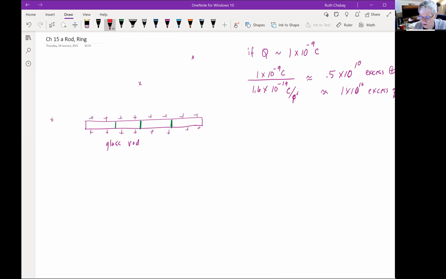So what we would do is treat the rod as if this first piece was a point charge here, and this second piece was a point charge there, and the third piece was a point charge there, and the fourth piece was a point charge there, right? And now we have a small number of point charges, and we can just use the superposition principle.